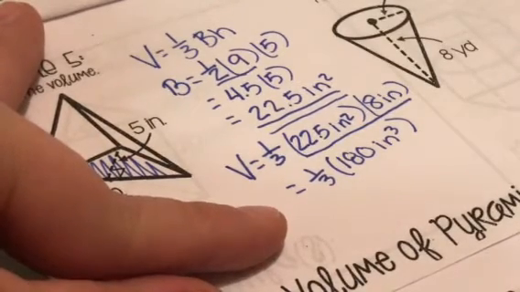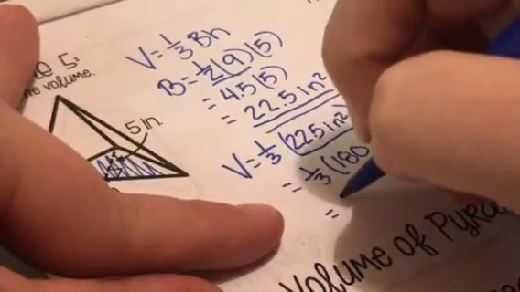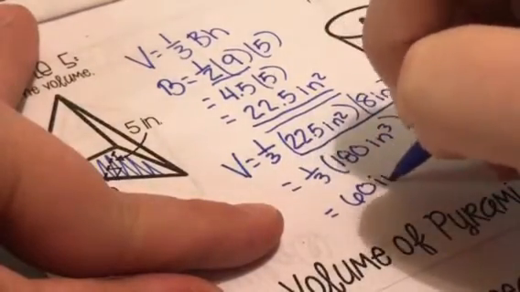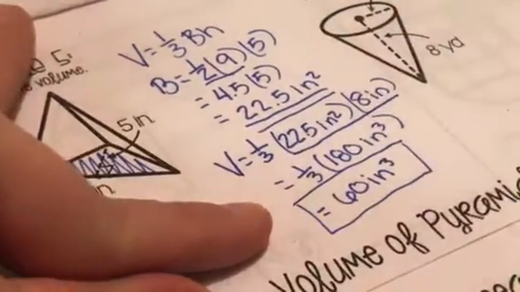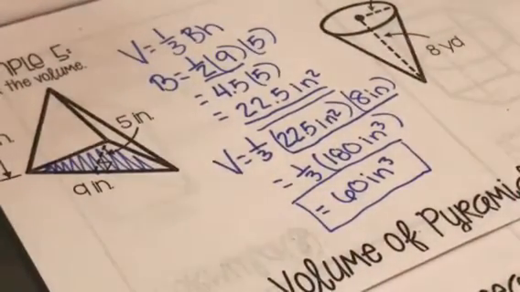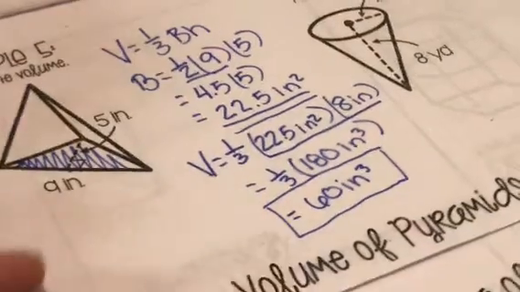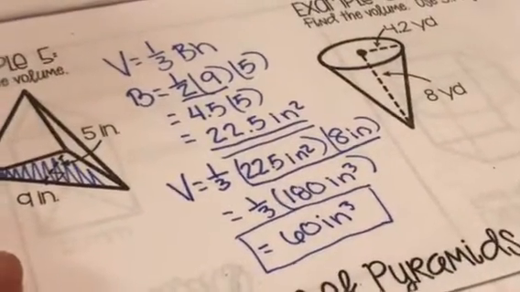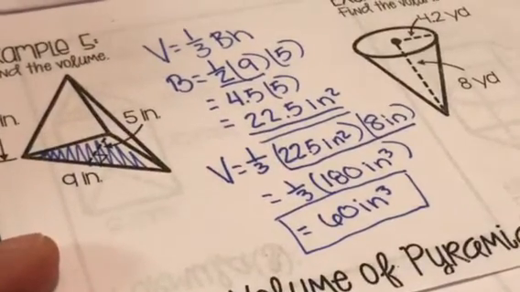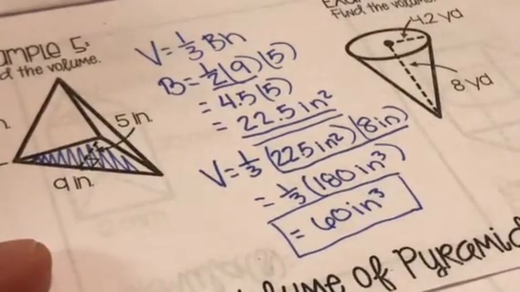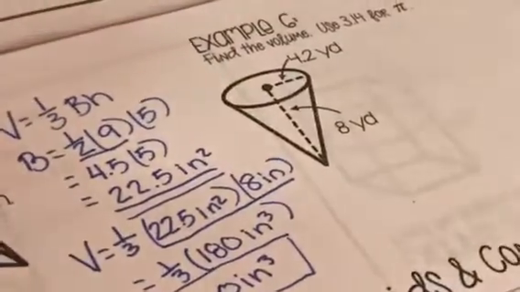So if I divide 180 by 3, it's going to be 60 inches cubed. That's what the volume is. Once again, you can pause the video or rewind it if you're confused. The last one we have is the cone.